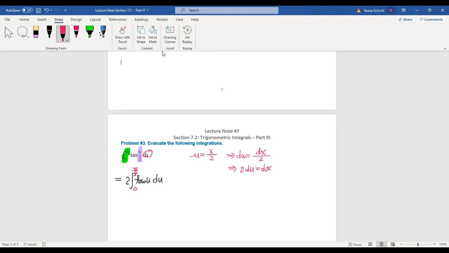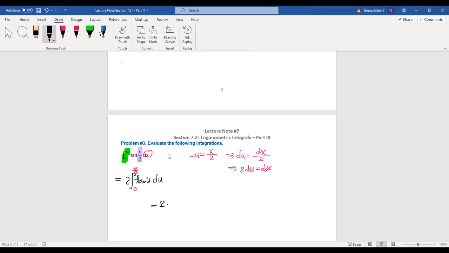Then you can just use u and you don't need to substitute back. Or you can carry out the integration and replace back your x value, then keep the original limits. Either way.